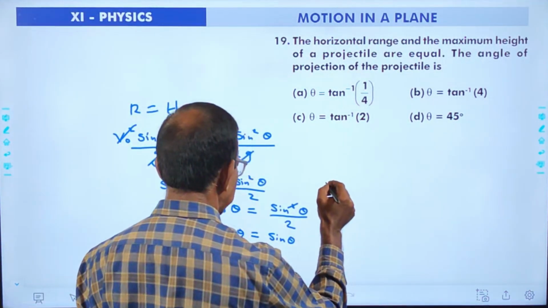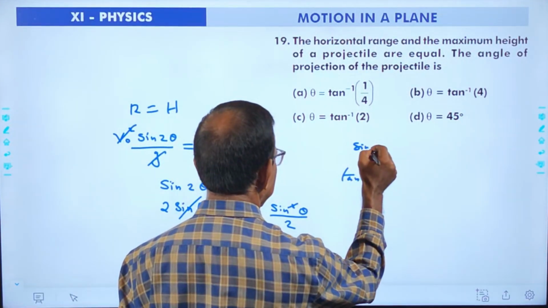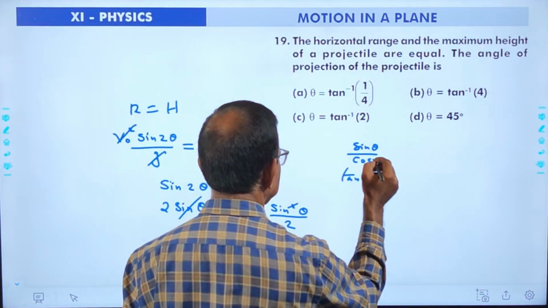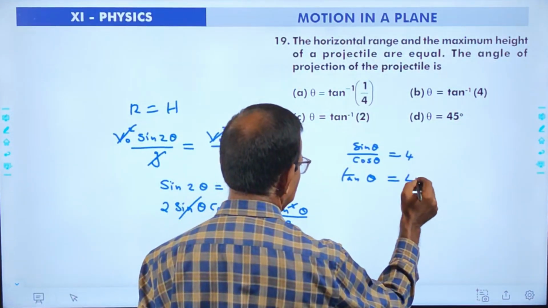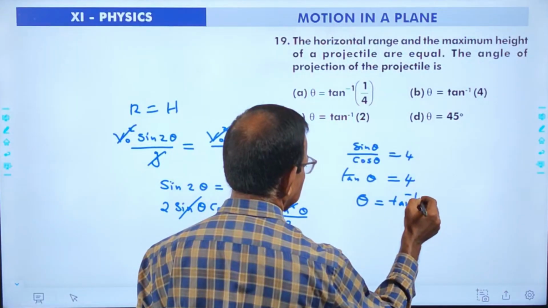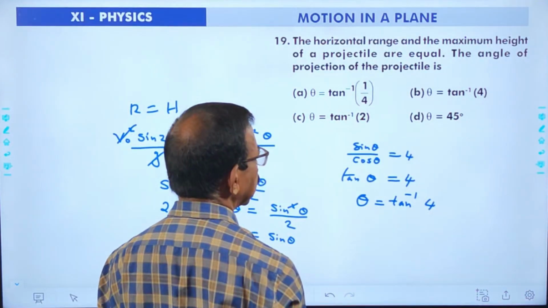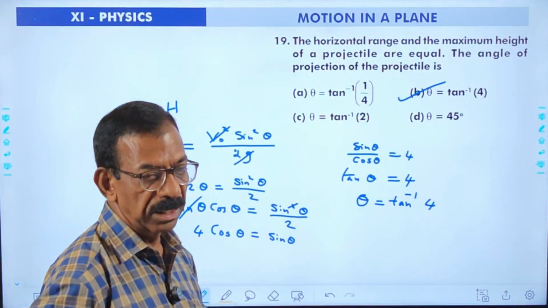And then we will get sine theta by cos theta, or tan theta, equals 4. Tan theta equals 4. Hence theta is tan inverse 4. Hence the correct answer is option B. The answer is tan inverse 4.